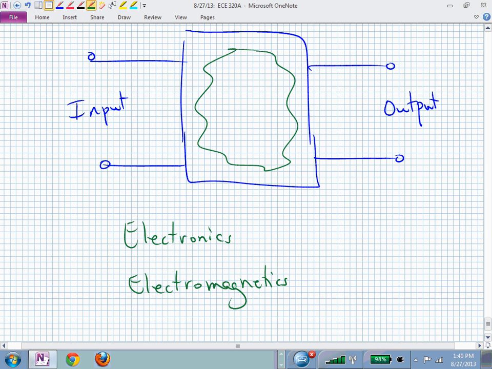Now you may want to model this particular waveguide or some other system, circuit, that is dealing with electromagnetic waves. Maybe you can now model that with some 2-port parameters. You've now condensed all of this down into these 4 values. And now with those 4 values, you can tell somebody what's going to happen between the input and the output.